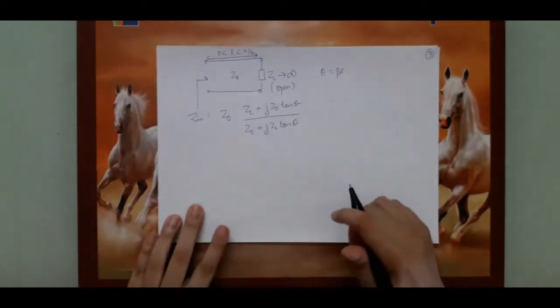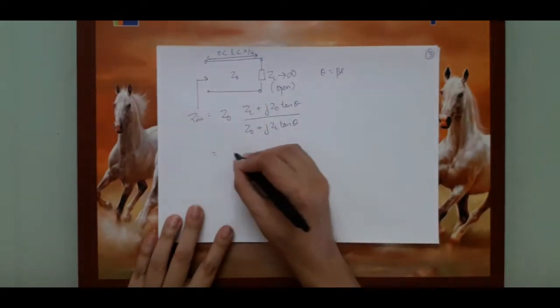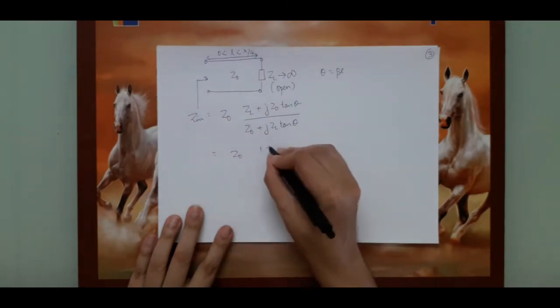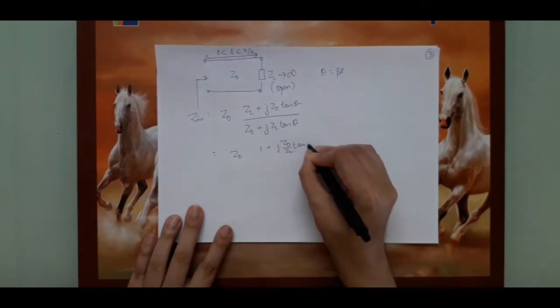So what I can do, I can simply take ZL common. So this will be nothing but Z0 times 1 plus Z0 by ZL tan theta.